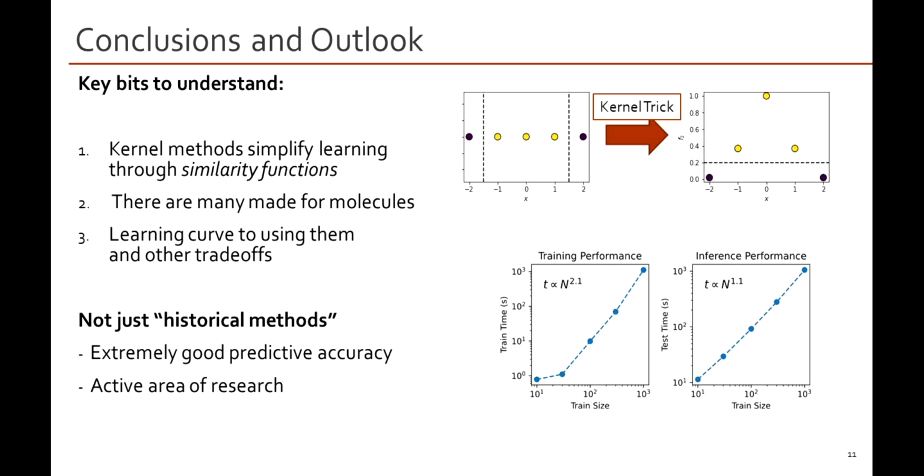Because indeed, for many of these challenge problems available in materials science, kernel methods are often the best performing, and it's still a very active area of research. So it's my expectation that kernel methods are not going to go away anytime soon, and indeed may be a go-to machine learning approach for years or decades further.